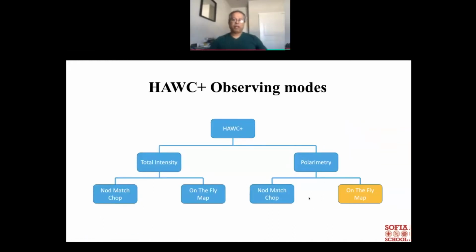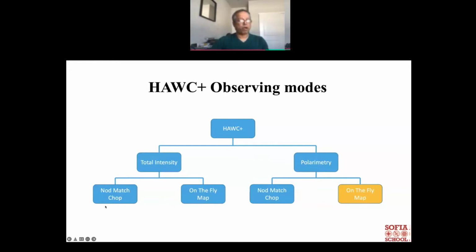So here is again a description of what HAWC can do. These are HAWC's two observing modes: total intensity mode, which is basically imaging data, and polarimetry, where you can measure Stokes parameters of the sources you're observing. Both of these modes can be run in different configurations.